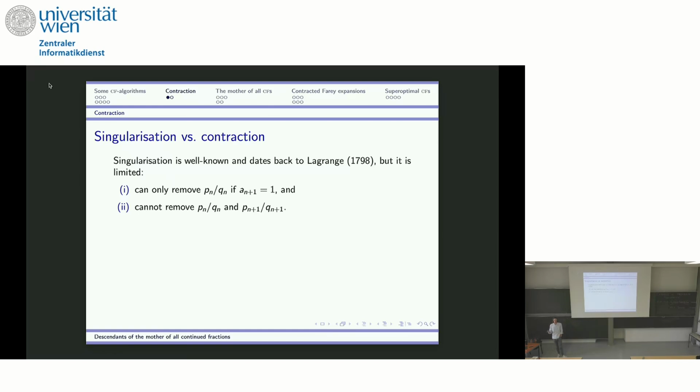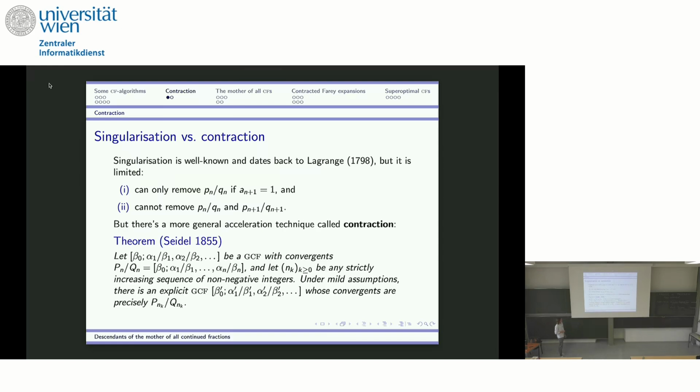So you can only singularize and remove a convergent if you see a digit equal to 1. You can't remove just any convergent that you want. And this first restriction puts another restriction on singularization, namely that you can't remove two consecutive convergents. You're performing something of a local surgery on your continued fraction expansion, and this messes up the neighboring partial quotients, so you can't remove two in a row.